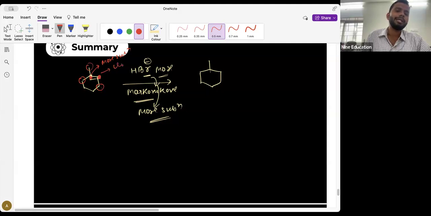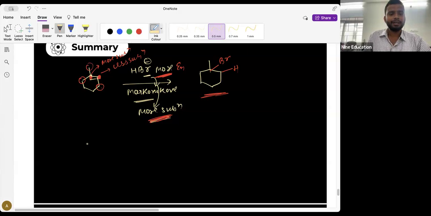So this is less substituted side. So Br minus is more electronegative, will come at more substituted side. तो Br minus कहाँ आया? यहाँ पर आया. और H कहाँ आया? H यहाँ पर आया, है ना? So this is our Markonikov product, है ना?